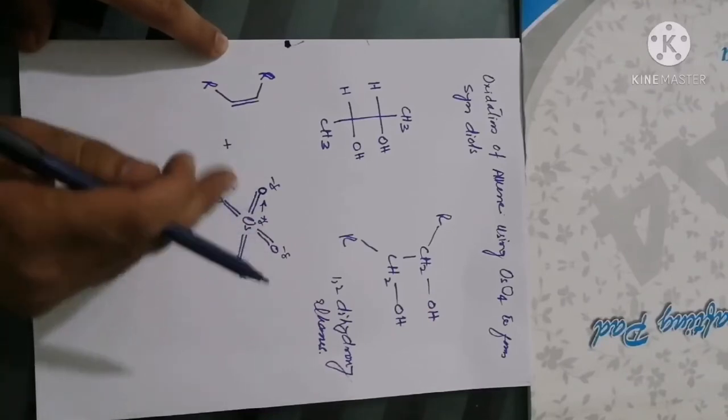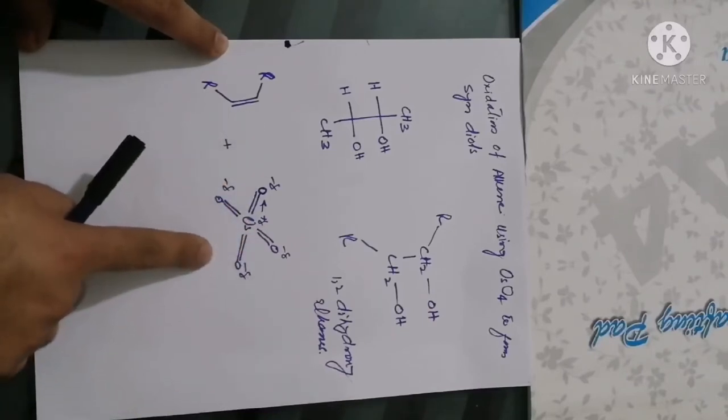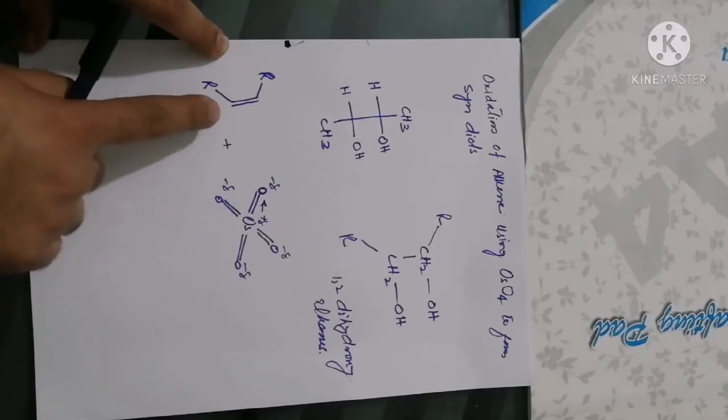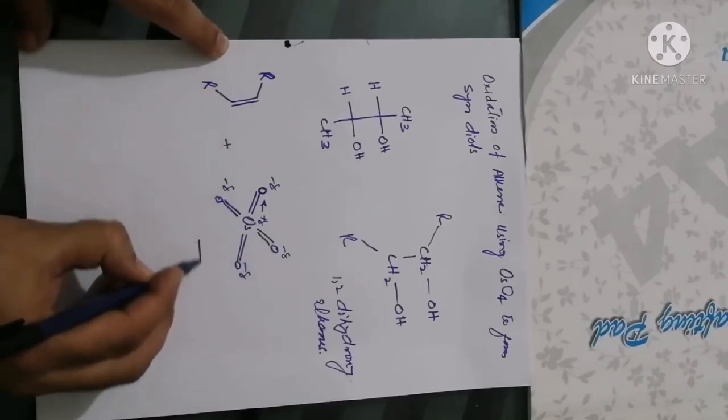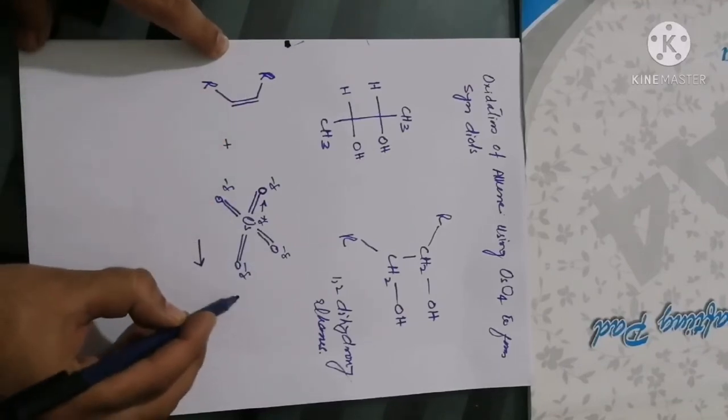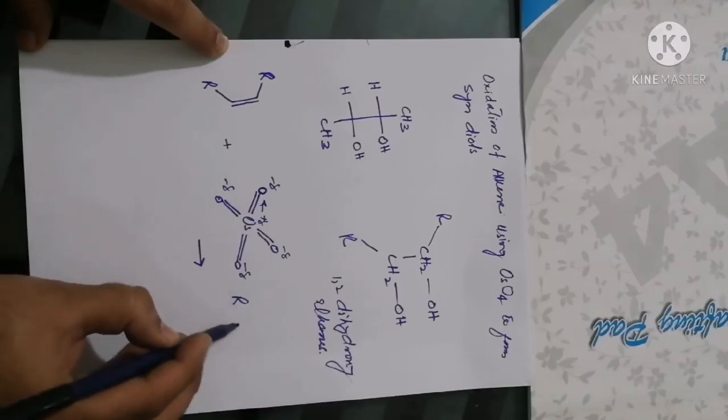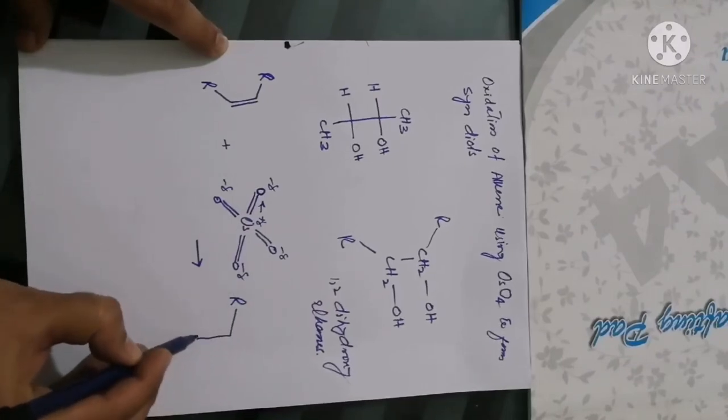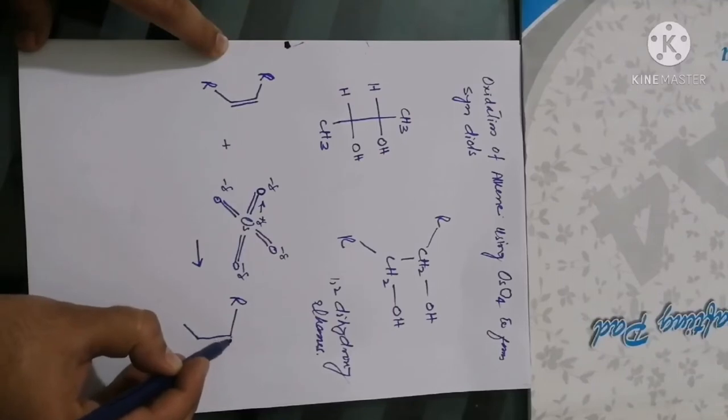So when osmium tetraoxide reacts with an alkene, what is the product? The product is the syn-diol.